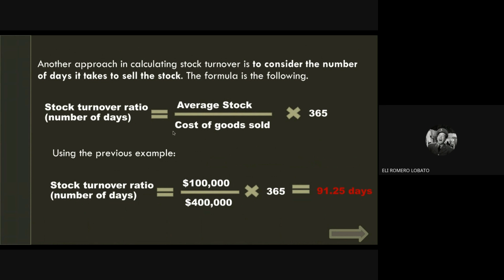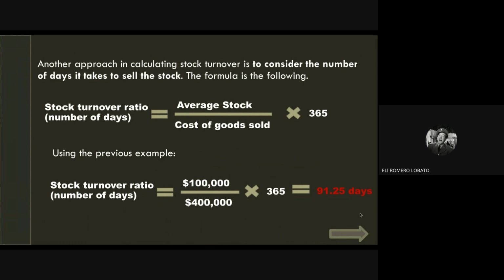Stock turnover ratio is average stock over cost of goods sold times 365. Okay, using the same example, we got the average stock over cost of goods sold times 365. Why? Because that is the number of days that a year has.